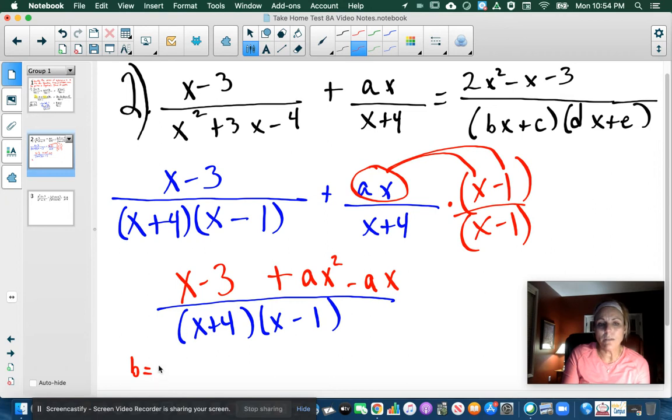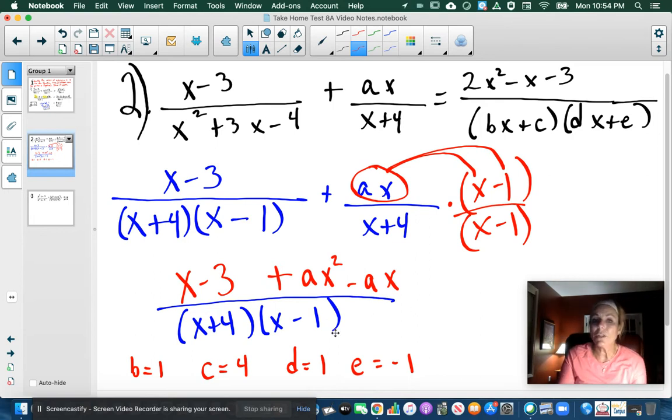B is 1, bx. C, what are we adding to that? That's 4. D is 1, because that's the number in front of there. And E is going to be negative 1. So all I need is A. Well, here's the deal.